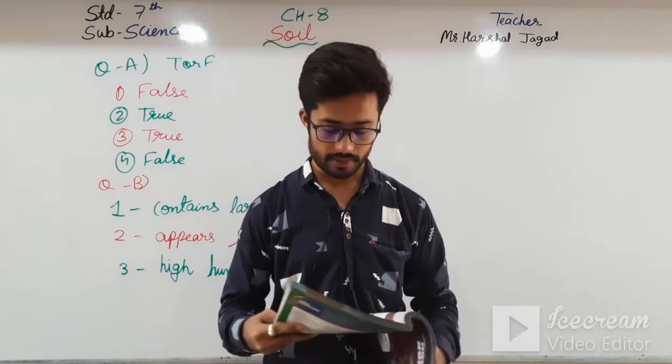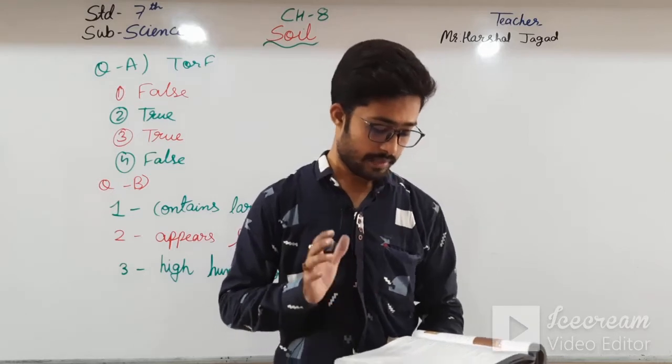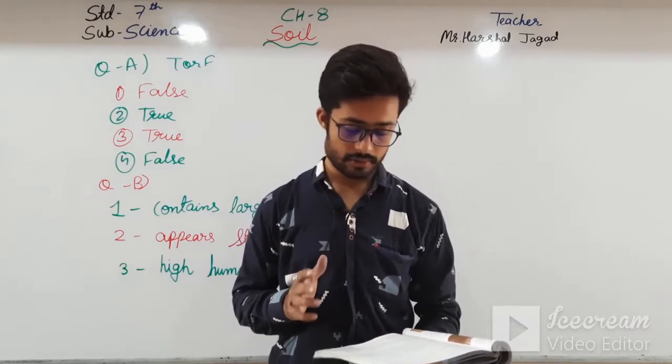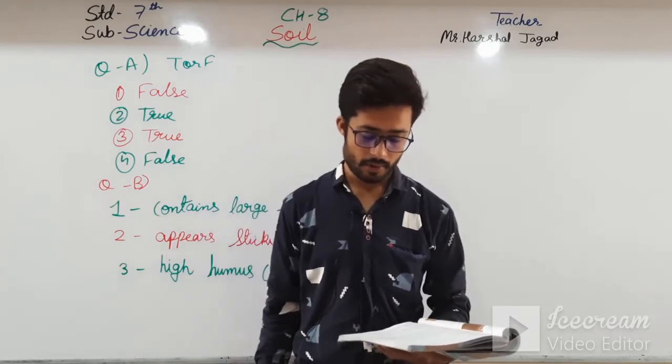Okay, students, and then comes soil pollution. So how is the soil polluted? First of all, just like air and water, soil is also a valuable natural resource. It can get polluted in many ways.